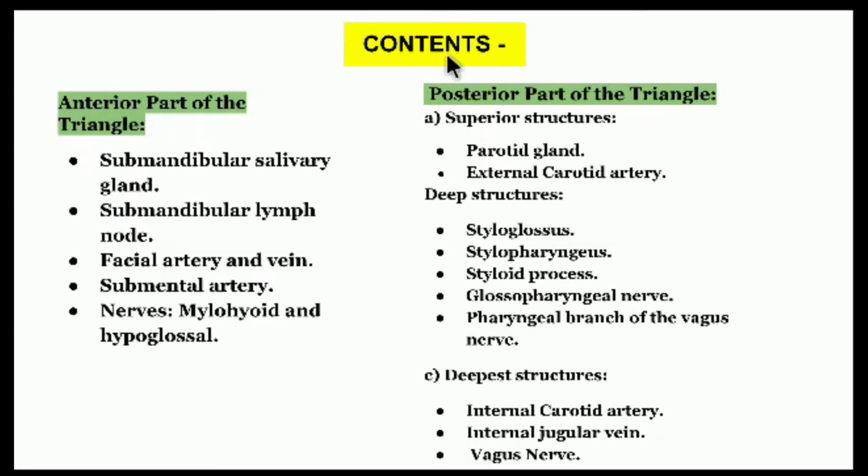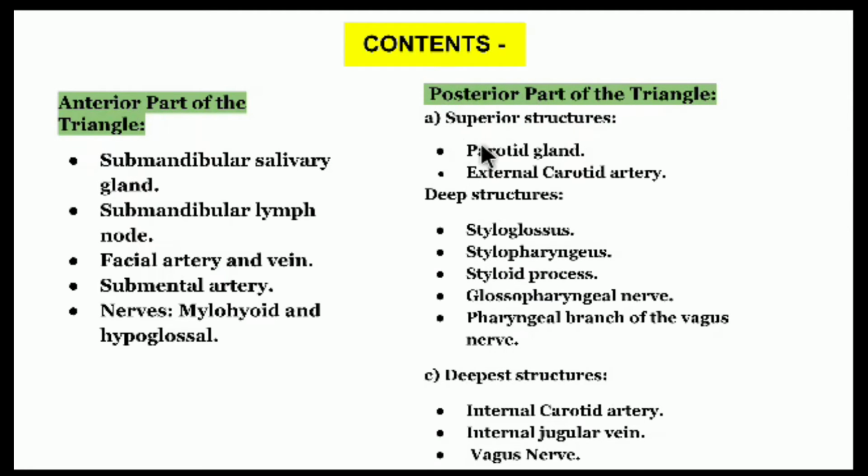Now, the contents of the digastric triangle, it is important. The anterior part of the triangle contains the submandibular salivary gland, submandibular lymph nodes, facial artery and vein, submental arteries and two nerves, hypoglossal and mylohyoid. The posterior part of the triangle has superior structures, deep structures and deepest structures.